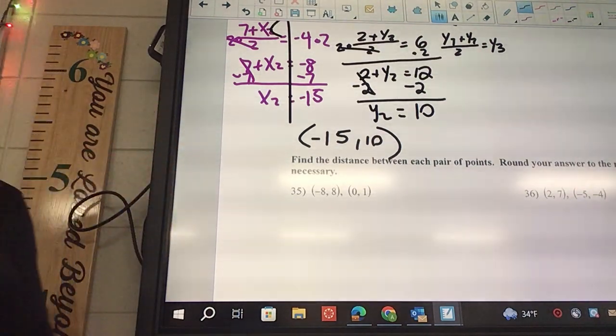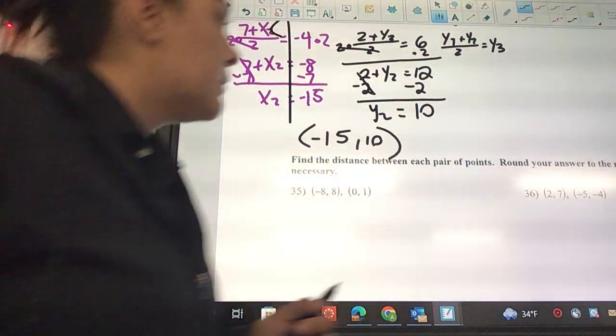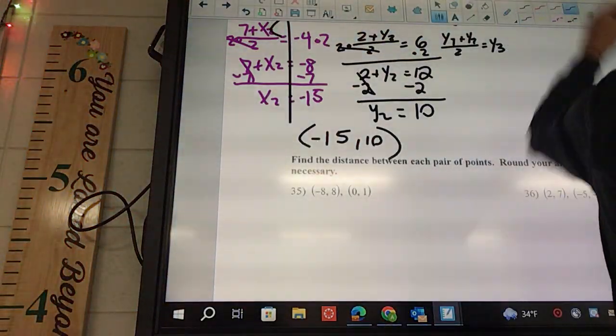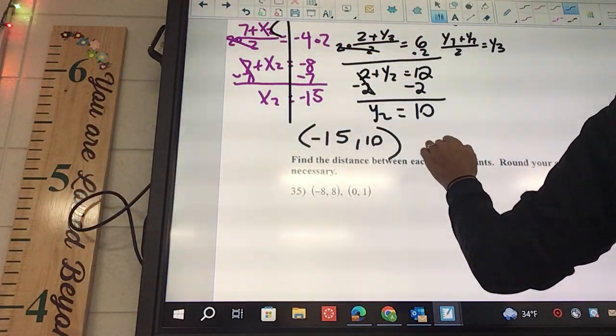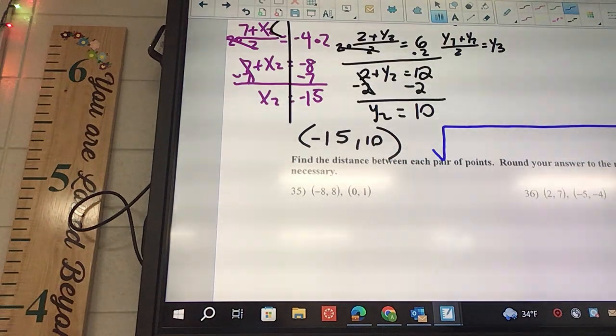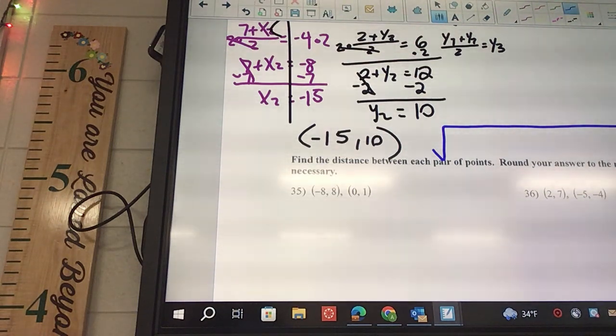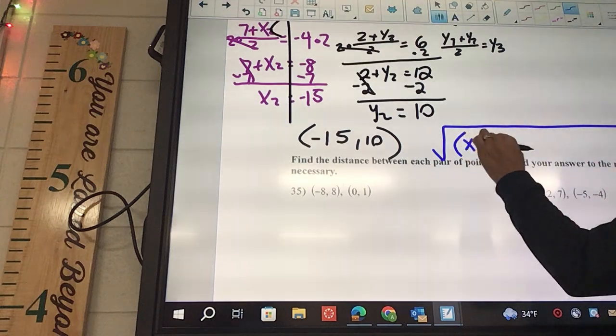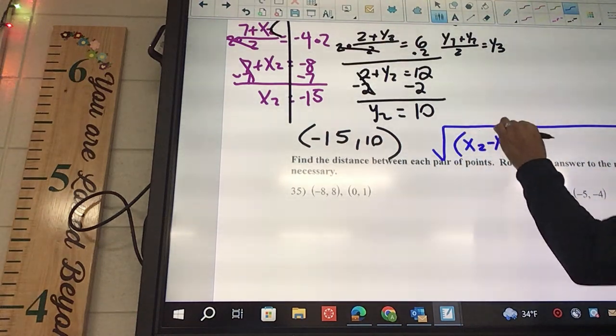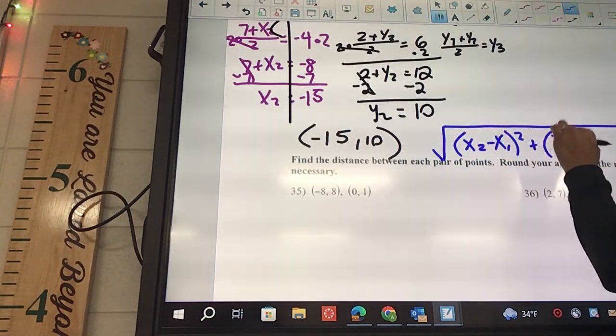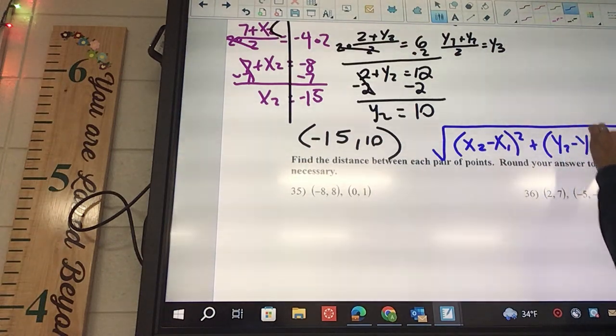Okay, find the distance between the 2 points. This is that really long formula. And I don't know if it's plus or minus. Minus. Is it? x2. It's gonna look like x2 minus x1 squared plus y2 minus y1 squared.